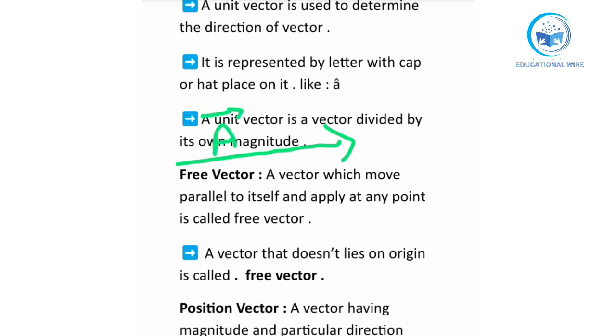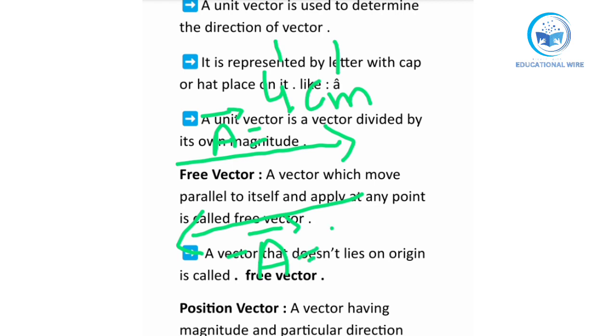Direction of the vector means having direction, and the magnitude is 4 centimeters. Okay, a certain number and unit is called magnitude. We have one more direction, also a particular direction but negative, so it's opposite, and it will also have the same magnitude as I said, 4 centimeters, the same magnitude as the first one. But what happens when these both combine together?